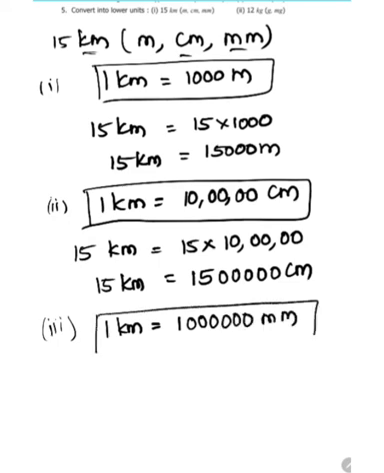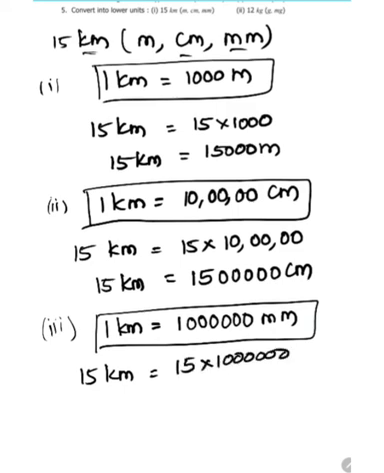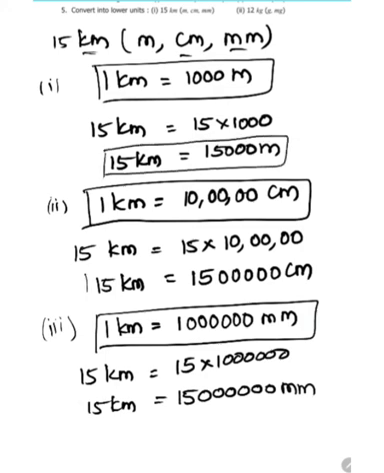So 15 kilometer is equal to 15 into 1 crore, so you put 6 zeros after 15. These are all the answers.